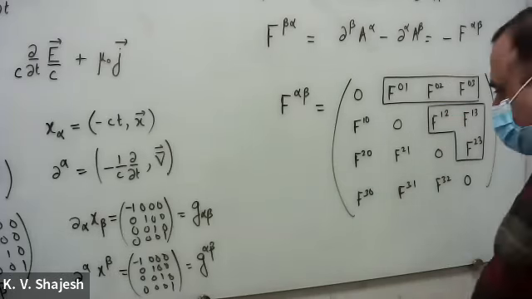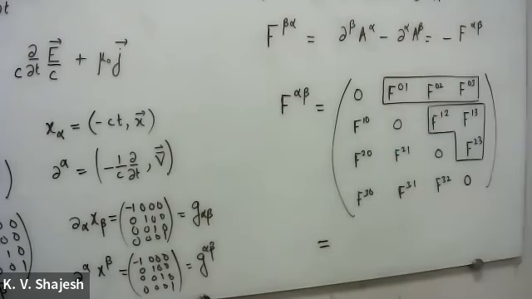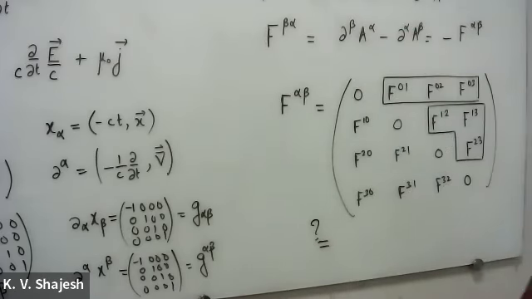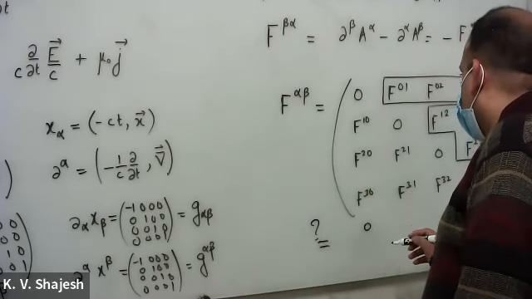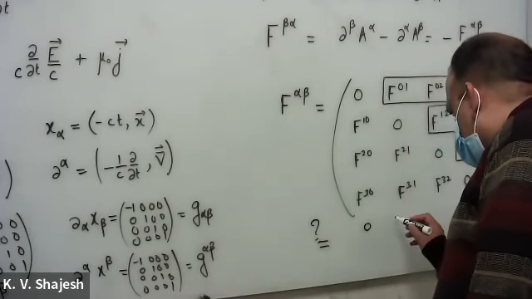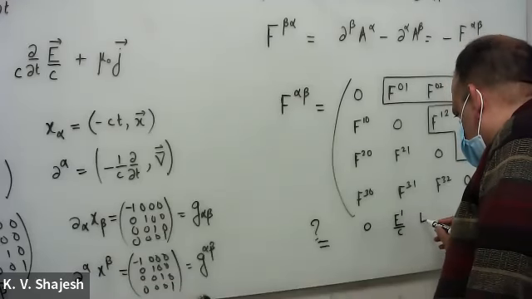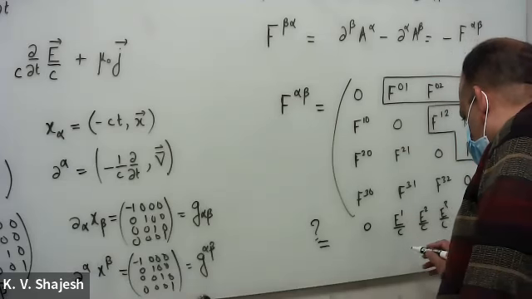If I were to just give you the message beforehand, we're going to see that this is 0, then E1 over c, E2 over c, E3 over c.